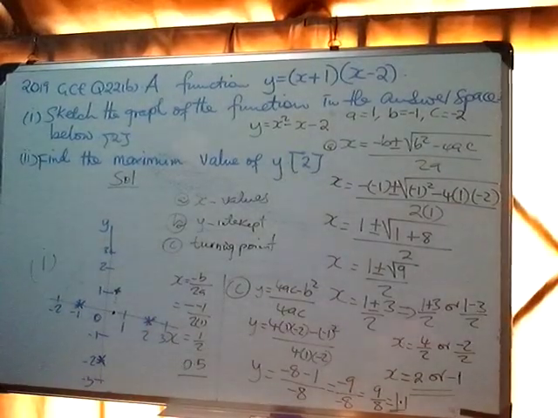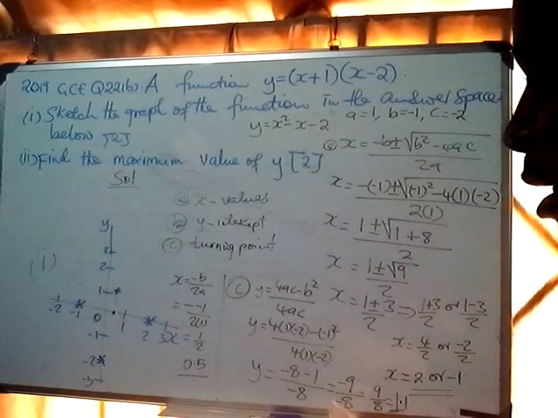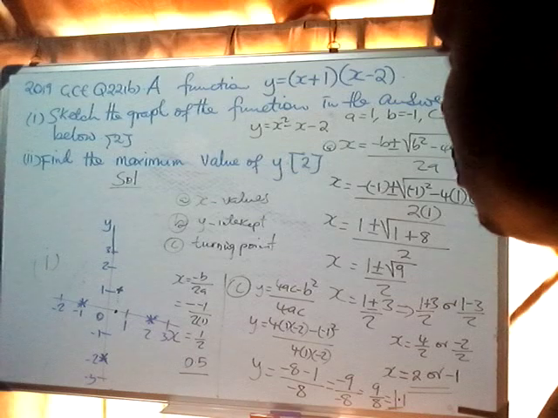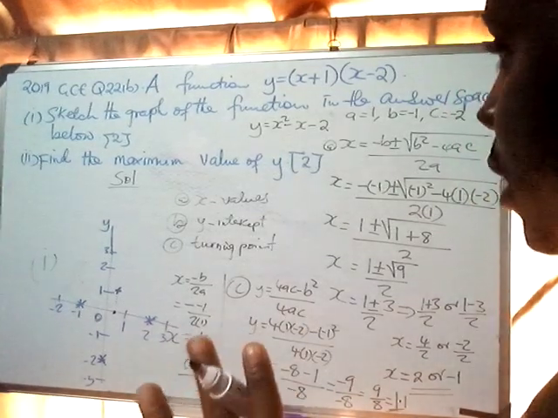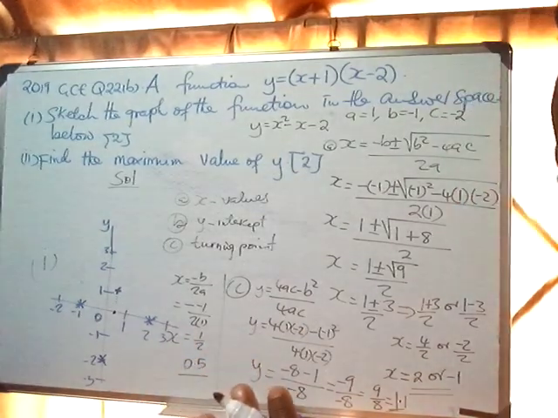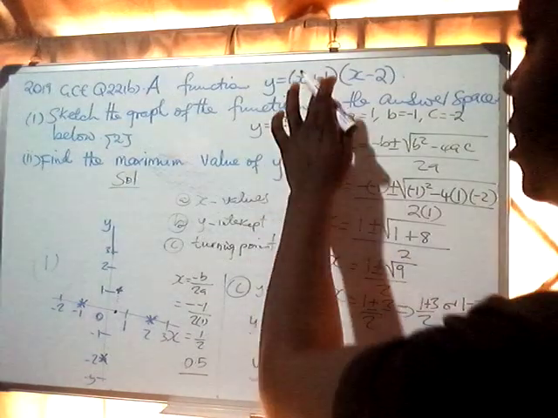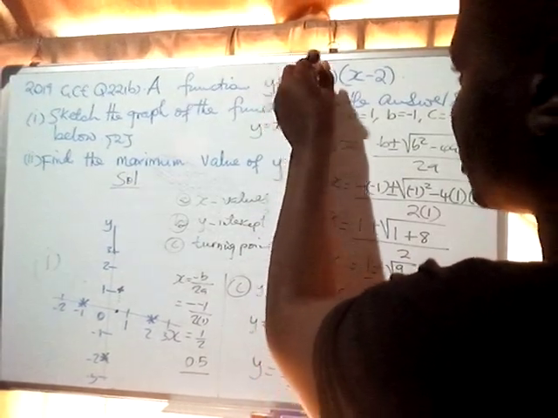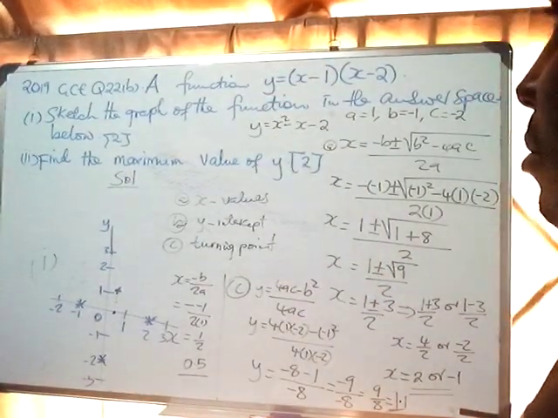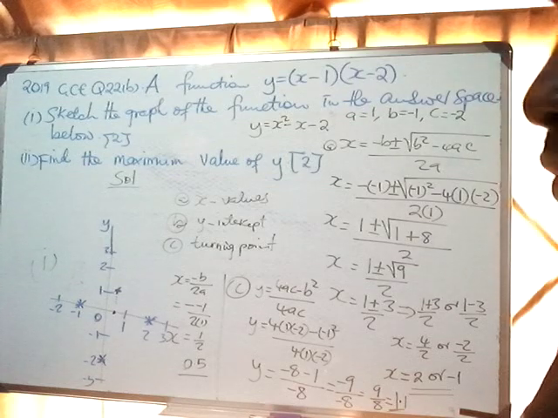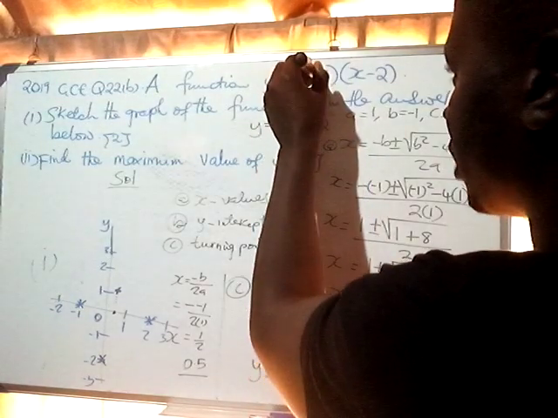Okay. This question seems to have an error. There is an error when I was picking some values. It could be that this part here was negative. It was x minus that. Nevertheless, the whole idea is to get the concept.